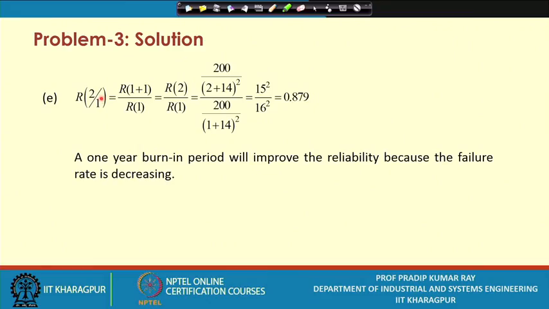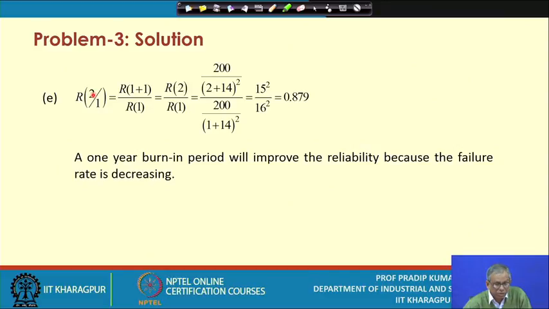Now the last, related to the fifth question, we have this one. That means it has already survived 1 year. What is the probability that it will survive for 2 more years? So this is the expression, you apply that formula, and that reliability is 0.879.